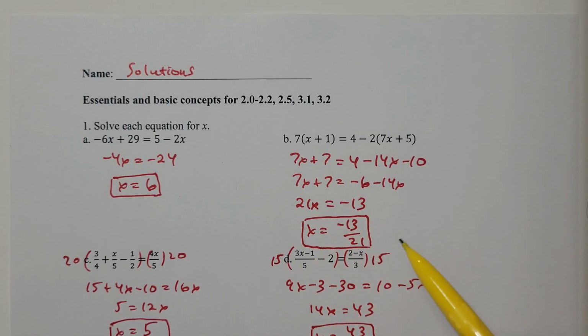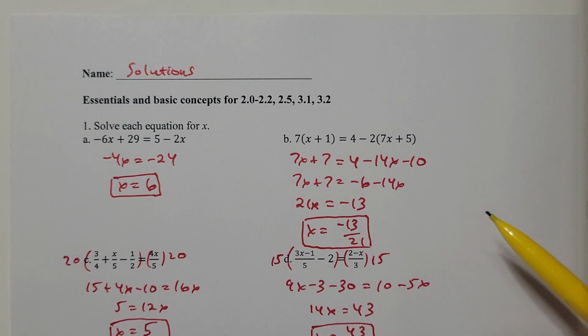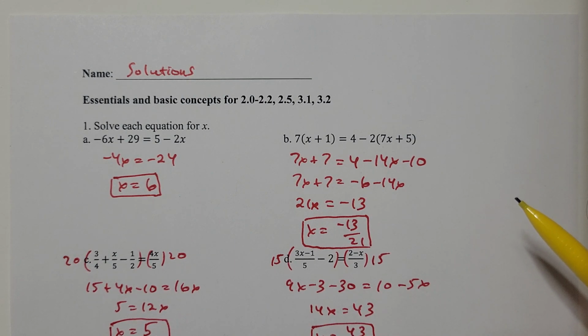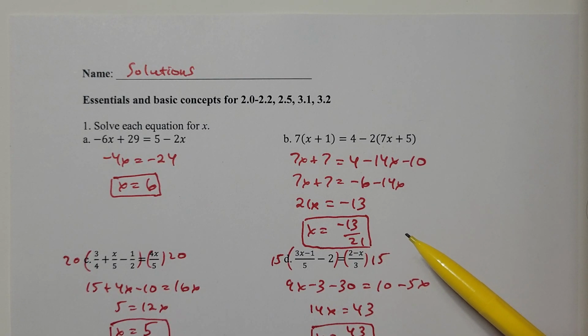Divide by 21. So it looks like x is negative 13 over 21. That'd be the answer. And like if you're just solving an equation, give me the exact answers. Okay, so like there's no reason to go to the calculator and type this in. So just keep all the answers in exact form for me.